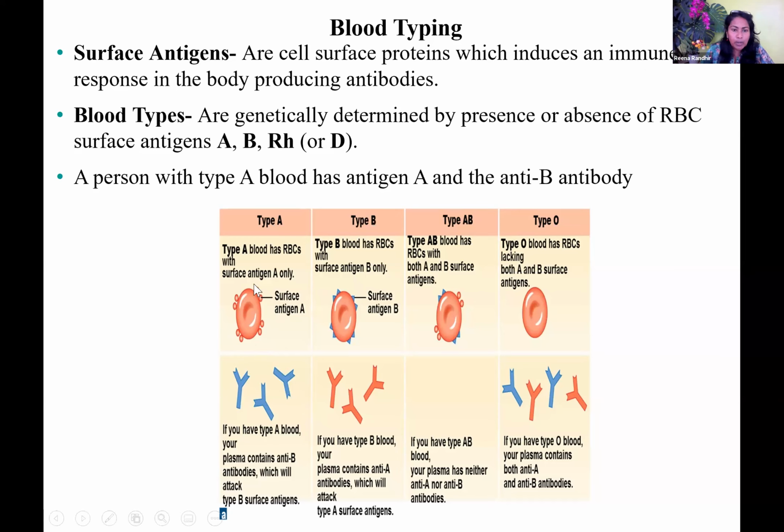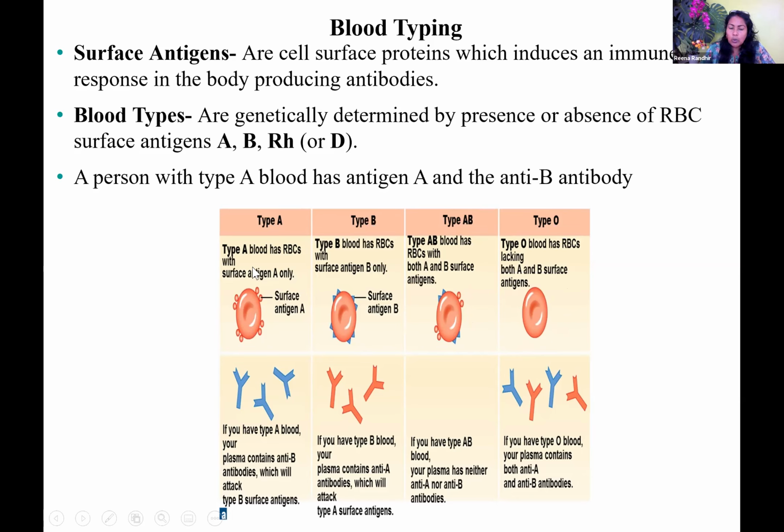So when you say you are blood type A, you have A antigen on your RBC. You see, the picture is showing it. If you are B, you have B antigen. If you're blood type AB, you have both of them. And if you are O, you have 0 antigens.